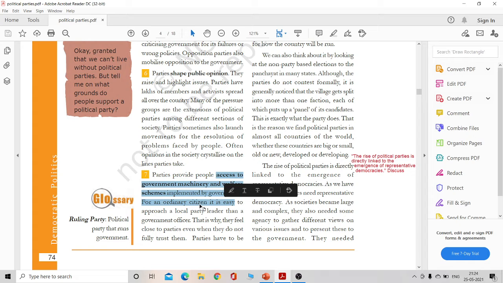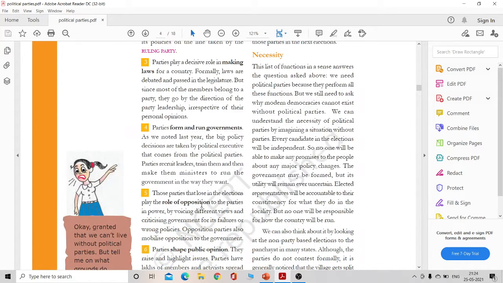Therefore parties provide that platform where people can reach, and that is why they need to feel close to the people. Otherwise, the support that is very important for political parties to thrive will not come, right?